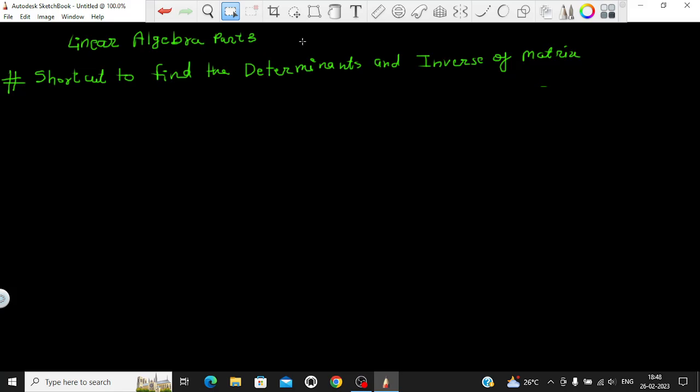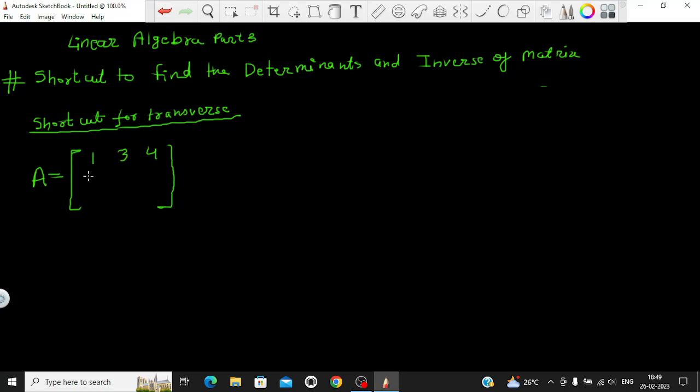Shortcut to calculate inverse. Again we will take the same matrix, that is matrix A, whose elements were 1, 3, 4.